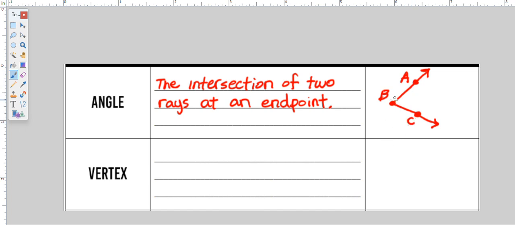And the way I name angles is always, this is the sign for angle, and it is going to be A. B is the endpoint that they share, okay? That is my vertex that we're about to talk about. So it will actually exist right here in the center. This is angle ABC. Okay. Our vertex is the common endpoint of an angle. Okay, it's where they intersect at. The common endpoint of an angle.